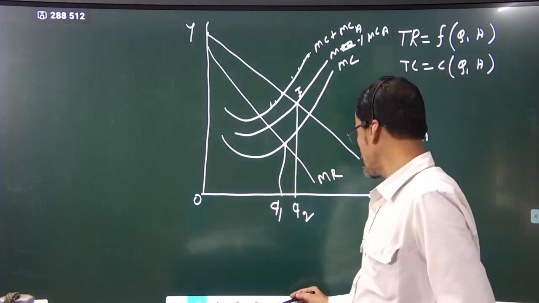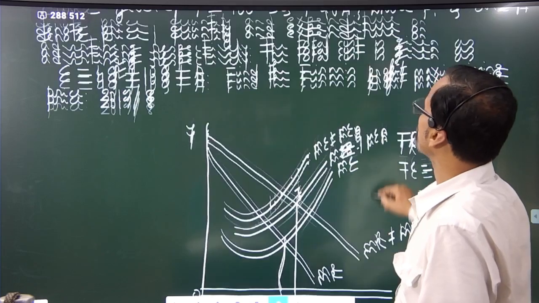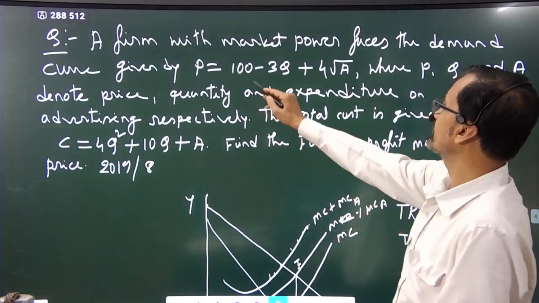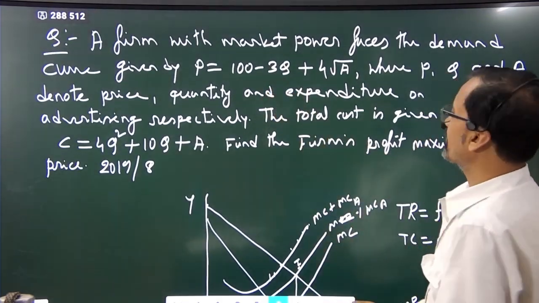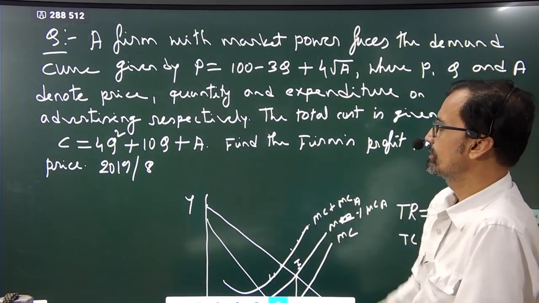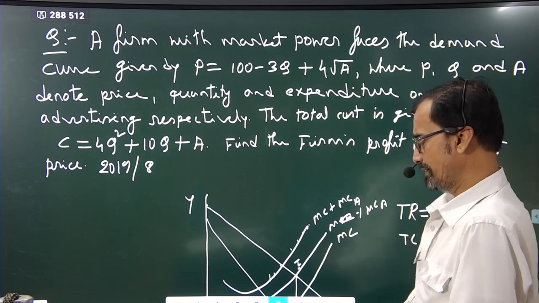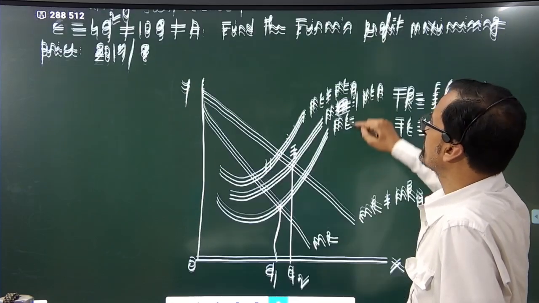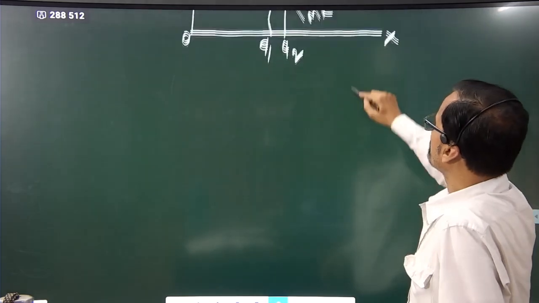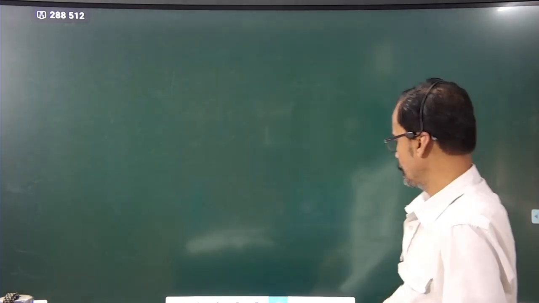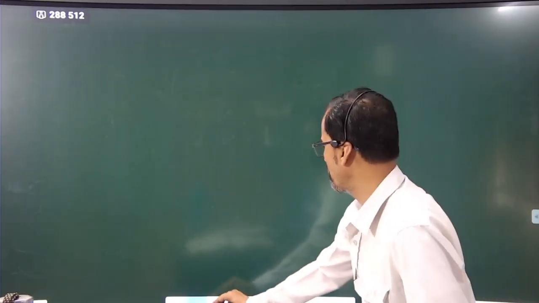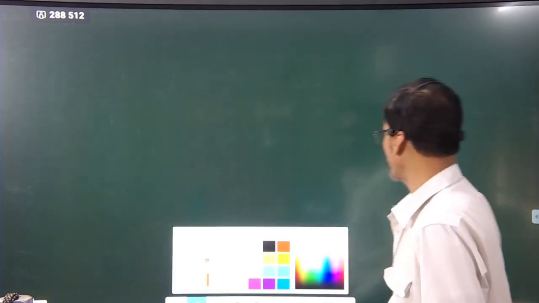Now our question is here. We are given the price or demand function as well as the cost function. From this problem we have to solve for the profit maximizing price of the firm.